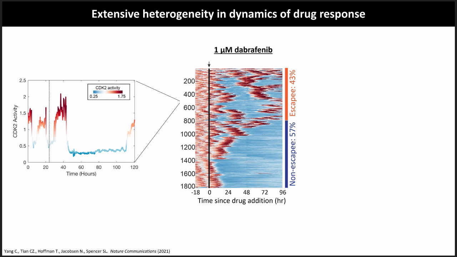But in general, you can group the cells into two basic categories. In the bottom, we have cells that divided once and sometimes twice in drug before entering a long-lived blue quiescence that lasts till the end of the movie. Whereas on the top, we have cells that do respond to the drug initially by entering quiescence, but escape at least once to divide in drug.